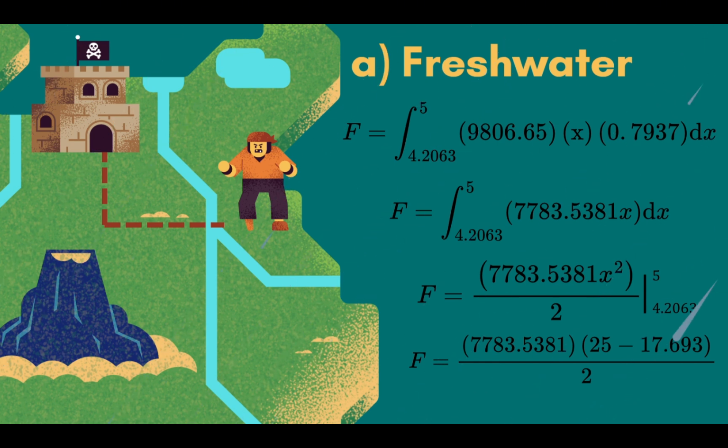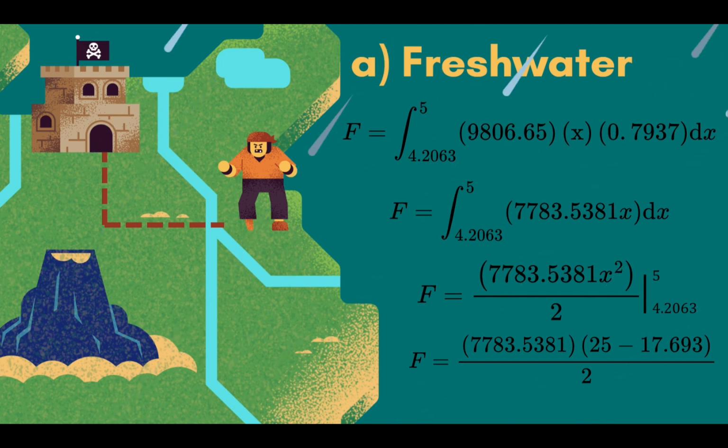From this point on it is quite simple, as we simply place all the values into the equation. If we multiply everything together, we get 7,783.5381x from 4.206325 to 5. If we integrate it, it looks something like this.